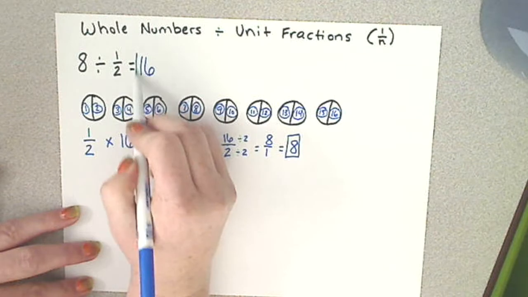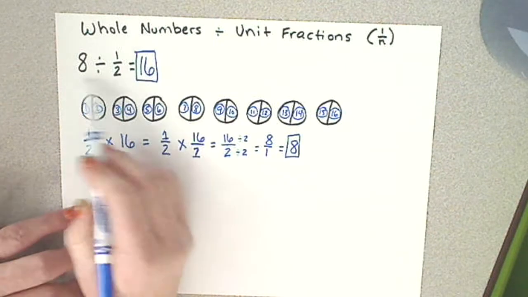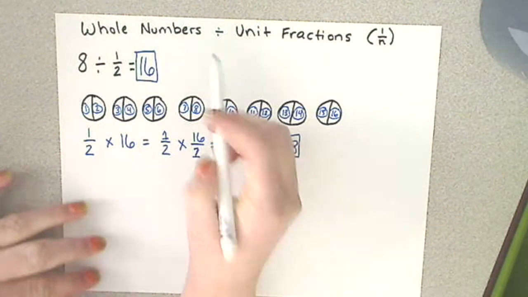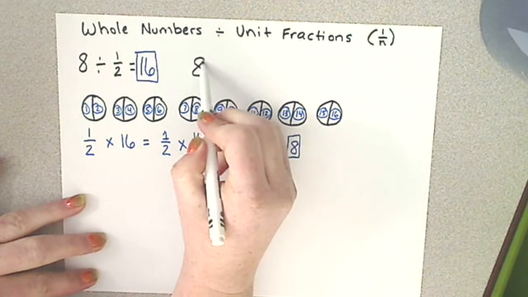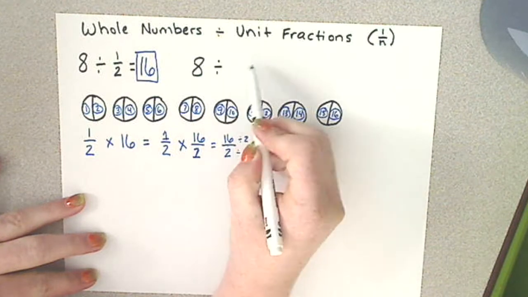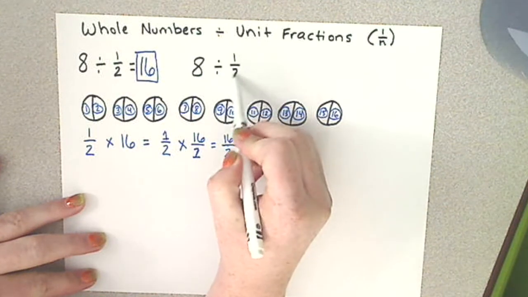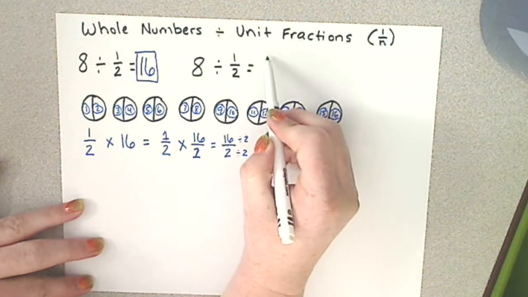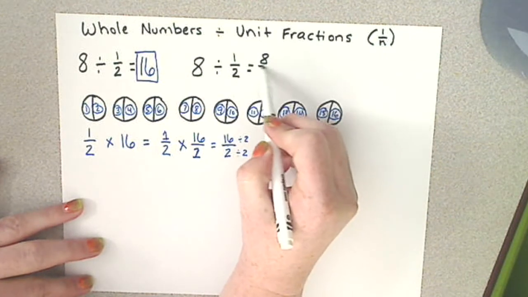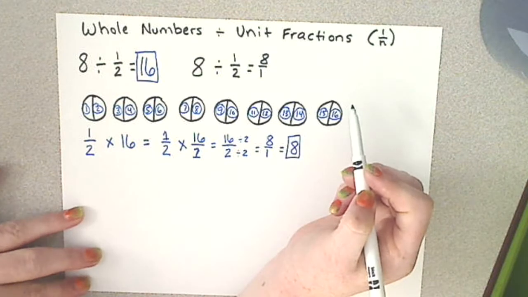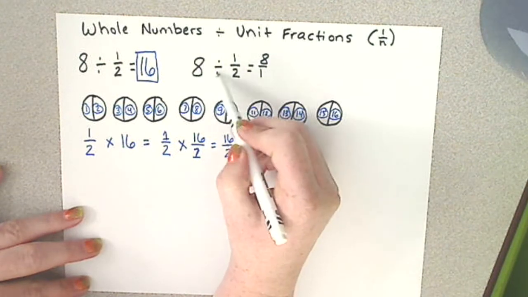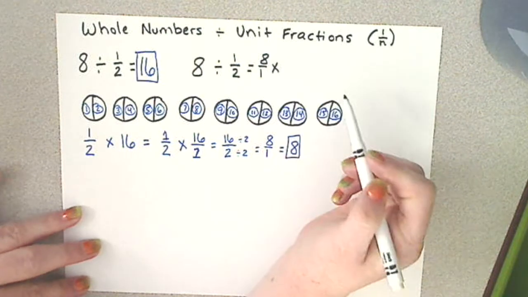Okay. So now let's take a look at how this would be done with the standard algorithm. So if you take 8 wholes and you divide it by 1/2, first, you need to take your 8 and turn it into a fraction, 8 over 1. And then we need to switch this to multiplication.